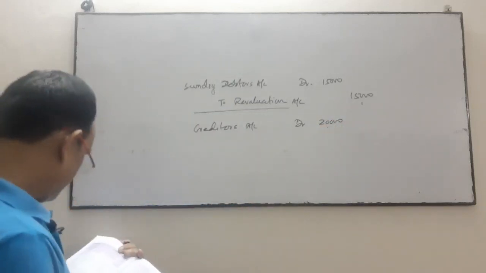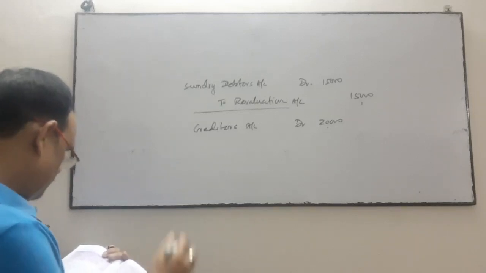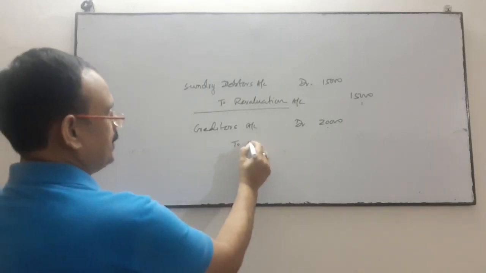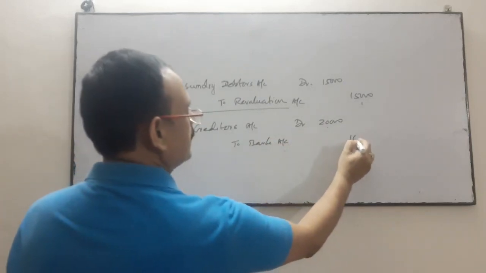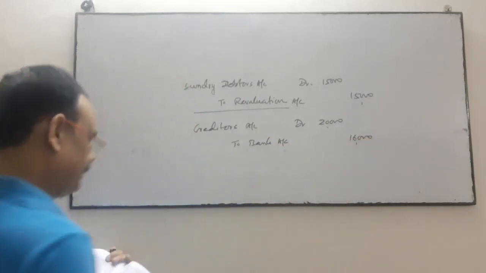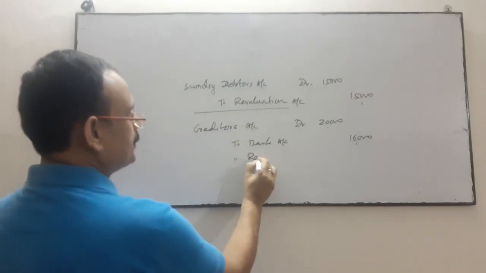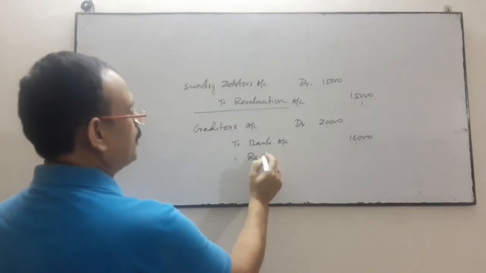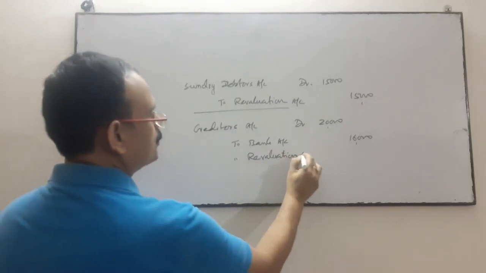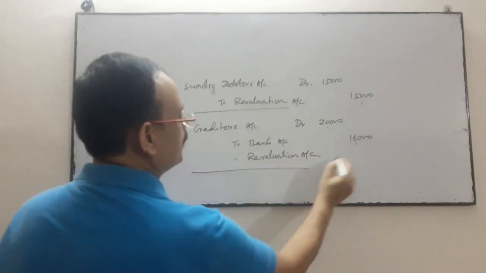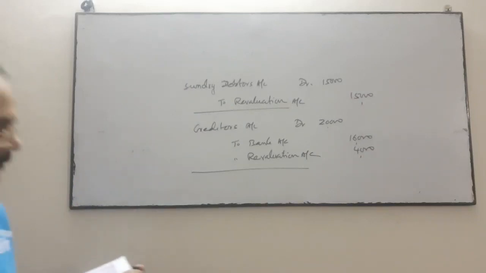Settled means we have done the payment, 16,000. It means the rest, what we have not paid, will be transferred to revaluation account because we have paid less. How much less? 4,000 we have paid less, so it's a gain.